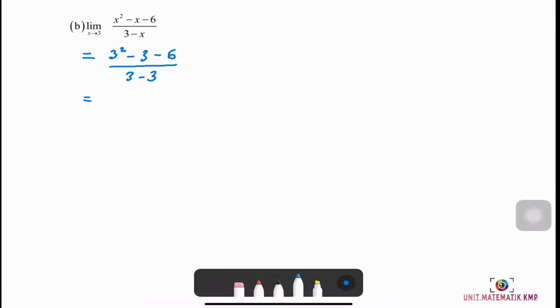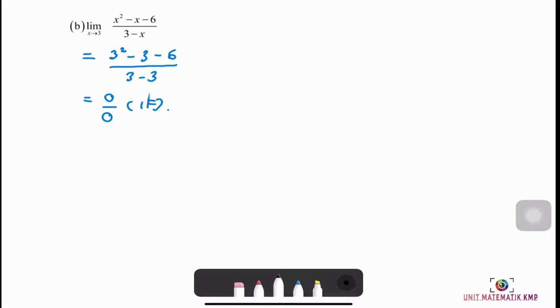This equals 0 over 0, which means we cannot solve this one, indeterminate form. So we need to factorize.